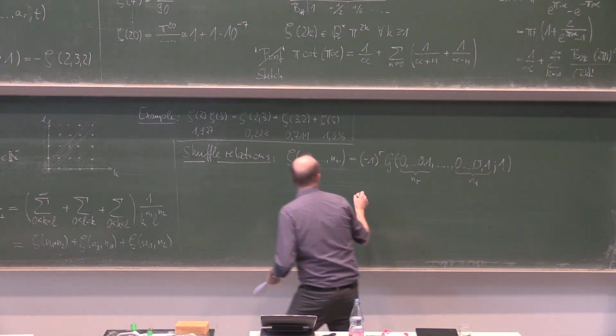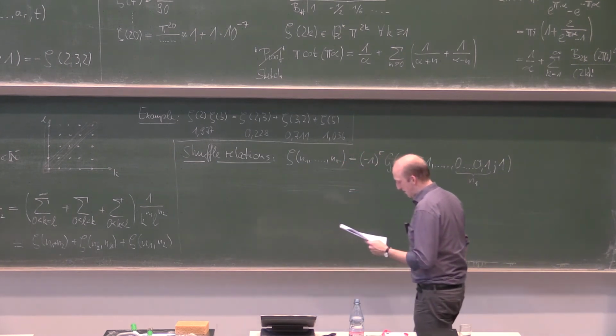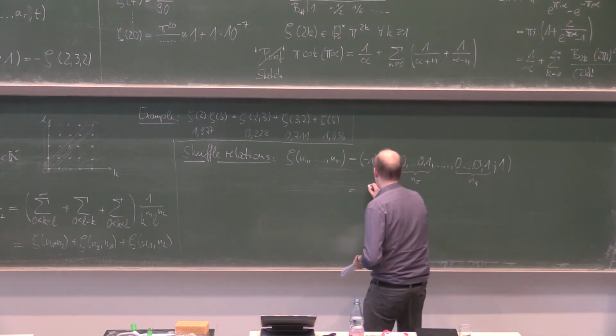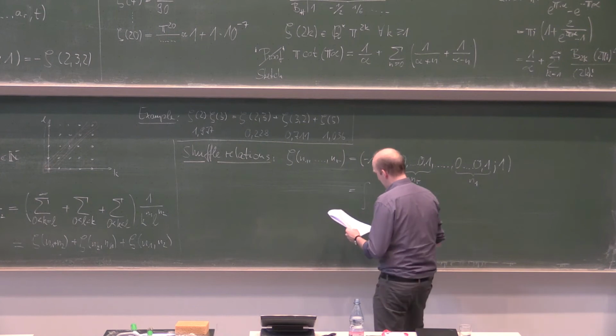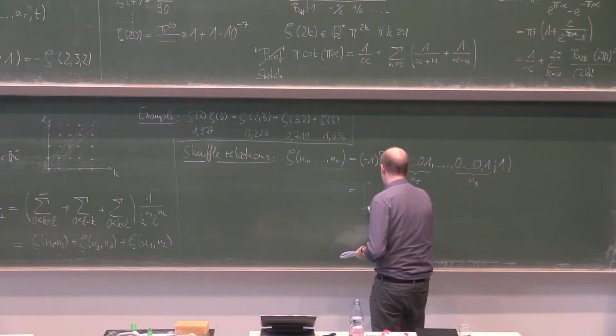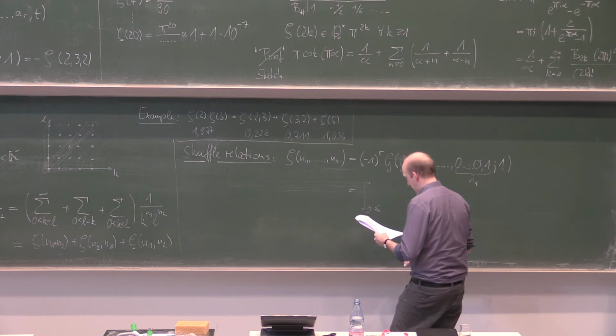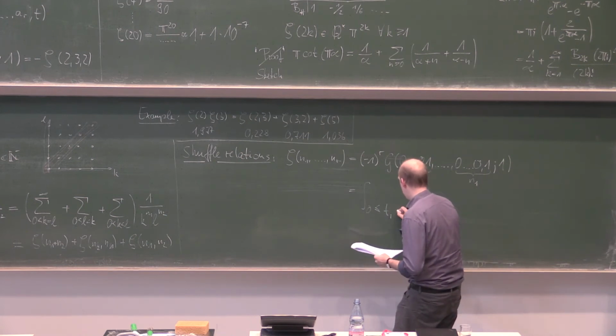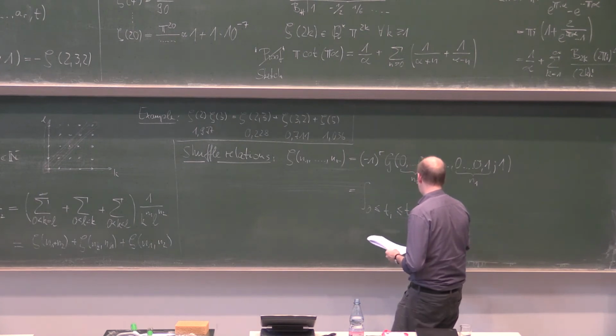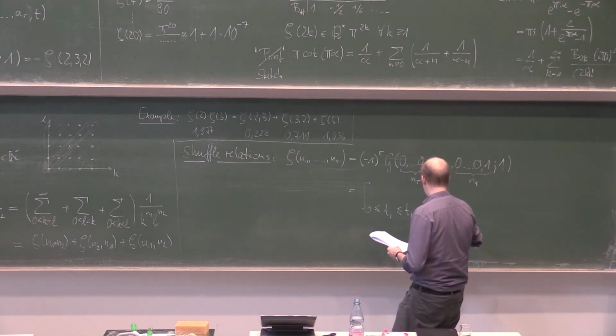Now, I can write this G as an iterated integral. So I can take some variables, 0 less or equal to ti less or equal to ti plus 1 less or equal to 1.